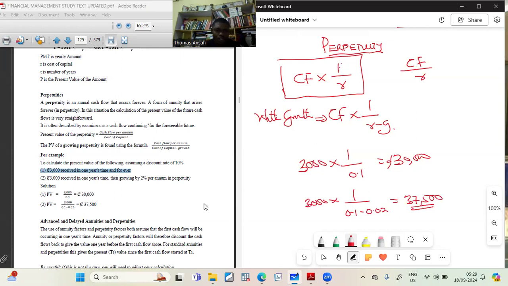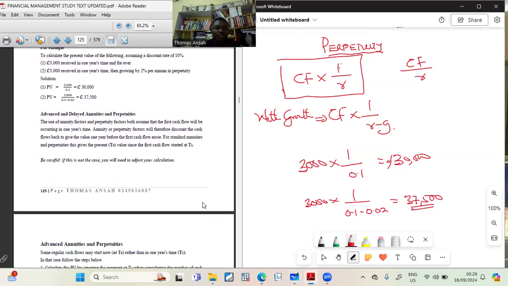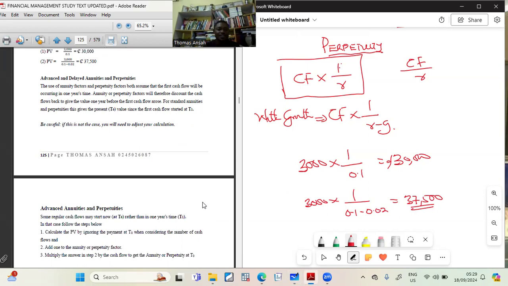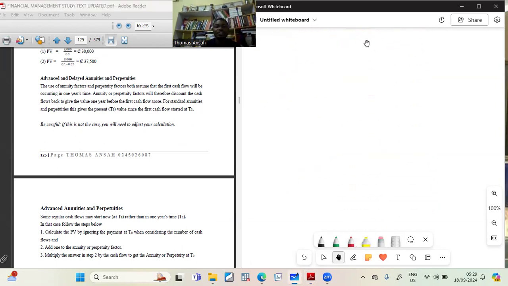All right. So let's come to the main deal, learning how to do advanced and delayed annuities and perpetuities. First of all, let's look at what advanced annuities look like.